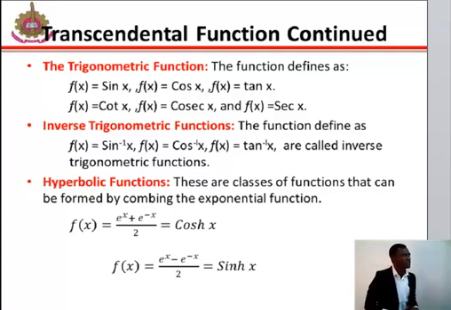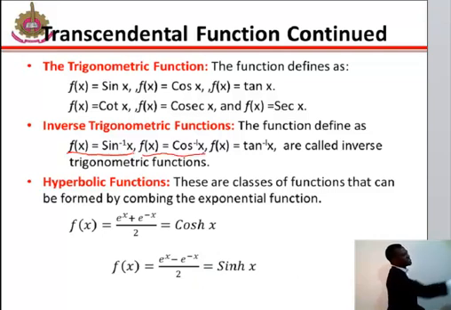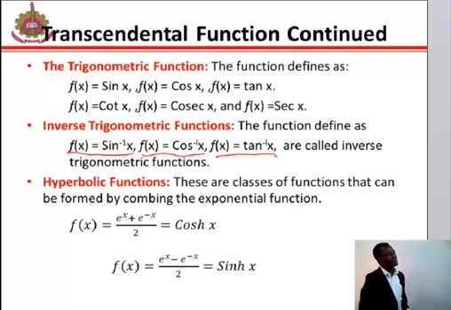Inverse trigonometric function. The functions defined as f of x equals sine inverse x, f of x equals cos inverse x, f of x equals tan inverse x are referred to as inverse trigonometric functions.